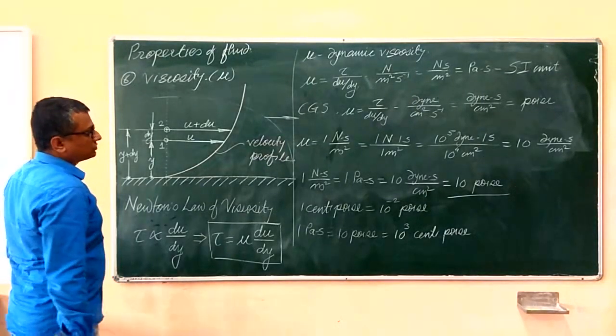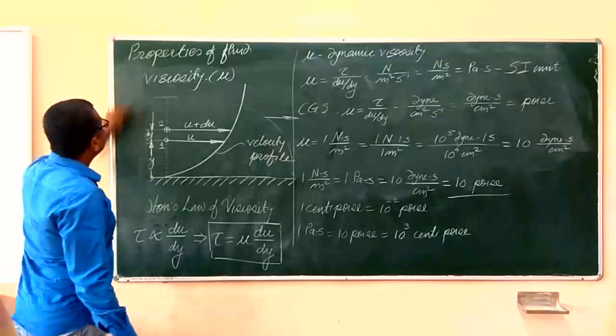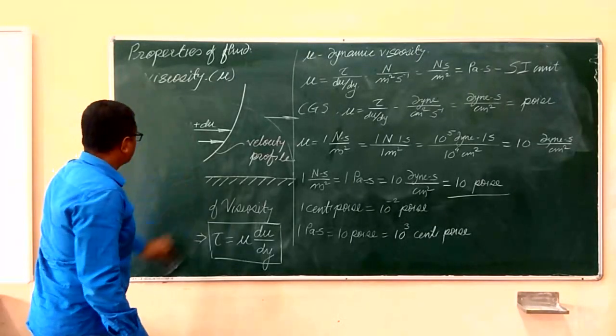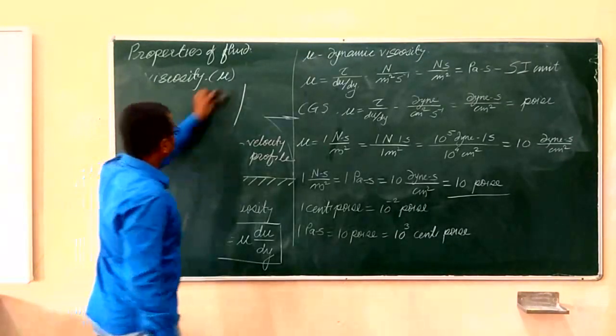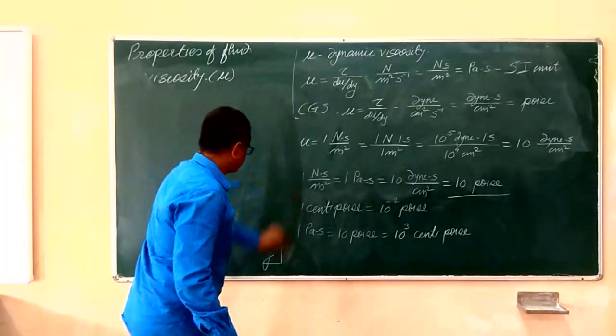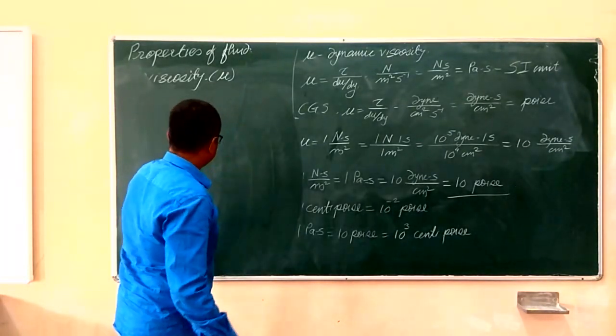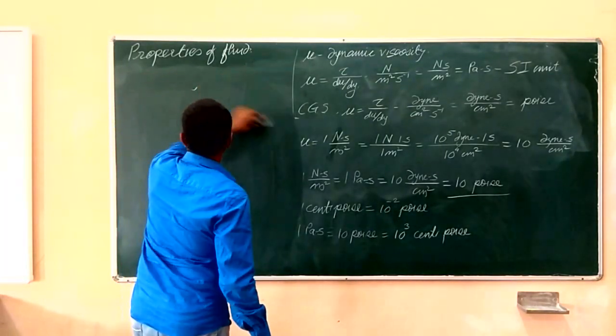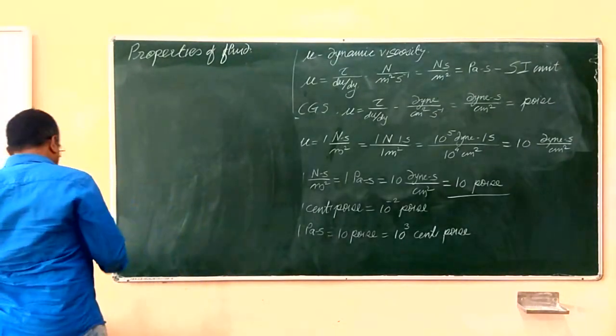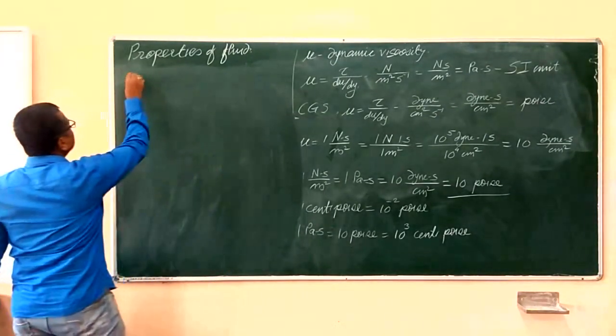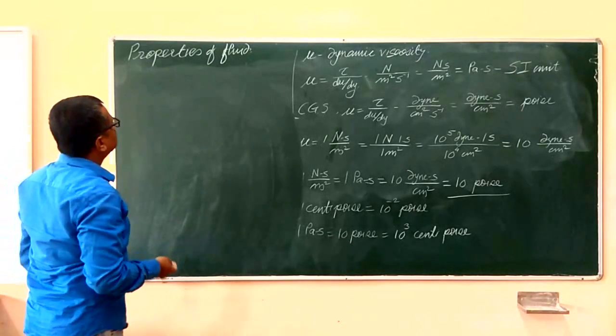So let us go for the next topic, the next fluid property. We were talking about dynamic viscosity. Now there is one more type of viscosity, not a type, but viscosity expressed in another way. Oh, I forgot the number.